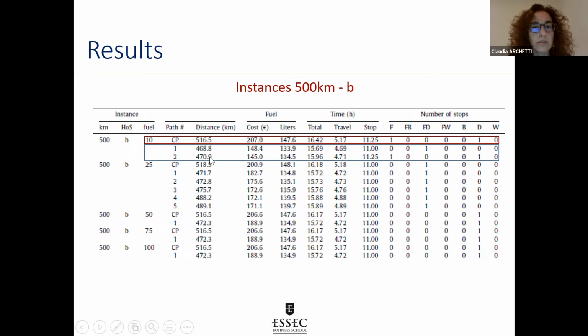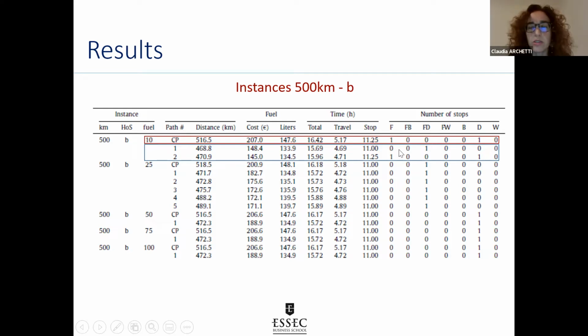our algorithm finds two paths. Both of them have a shorter distance with respect to the current practice solution, and a smaller fuel cost. The difference between the two is that one is slightly more expensive, the first, but it lasts, let's say, kind of 20 minutes less.